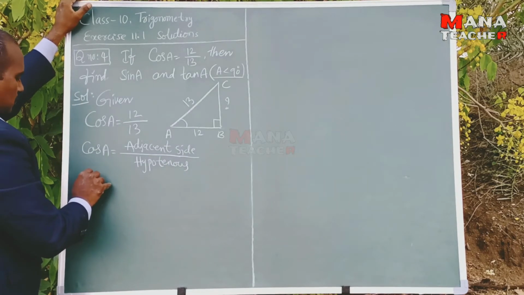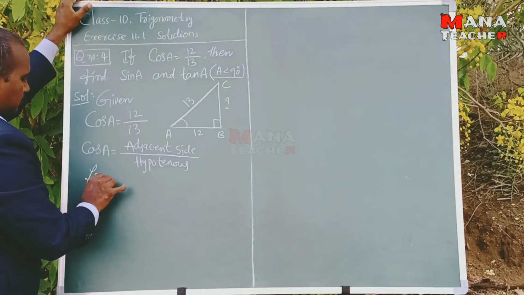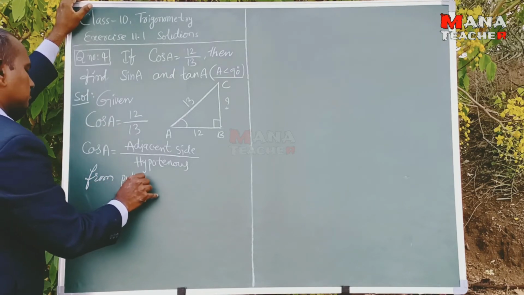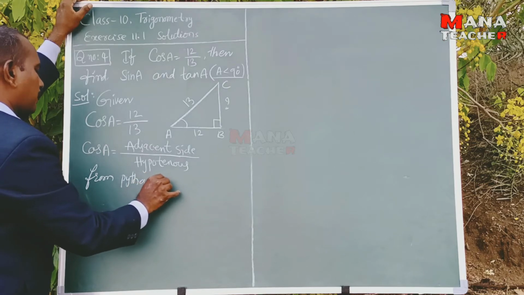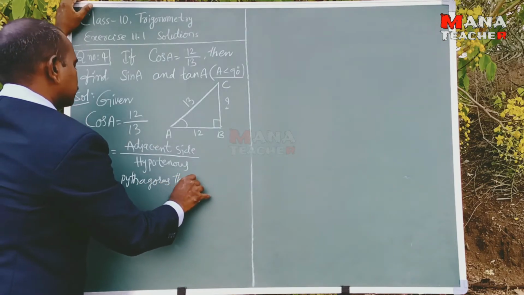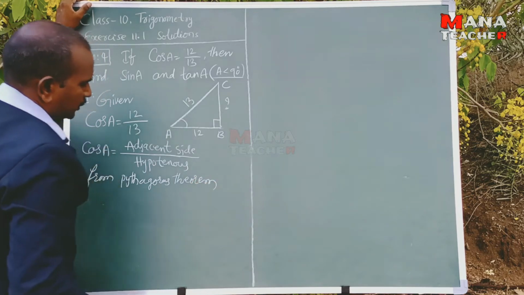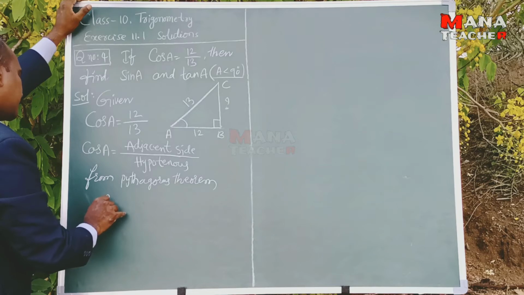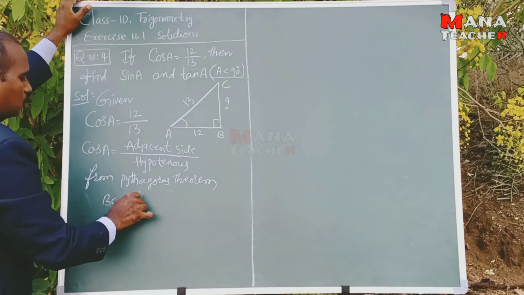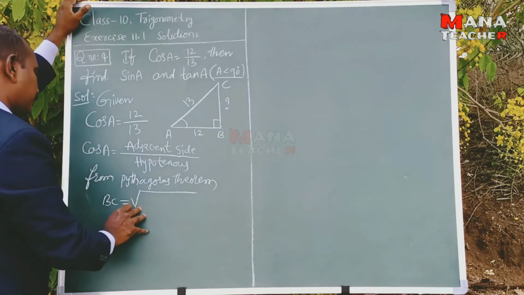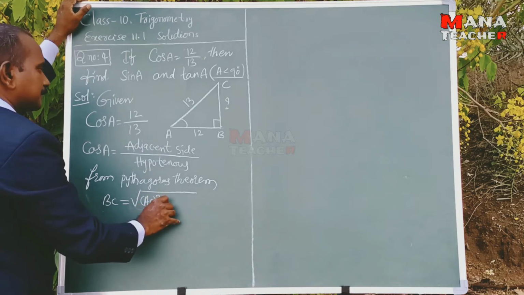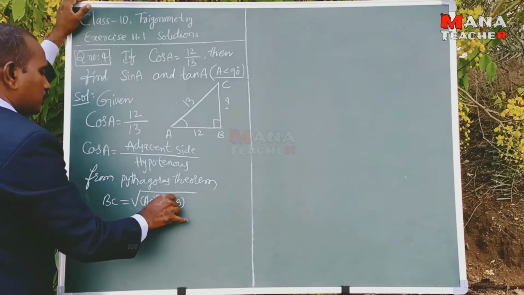Here, from Pythagoras theorem, BC equals under root of hypotenuse AC square minus AB square.